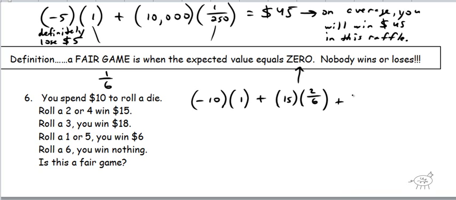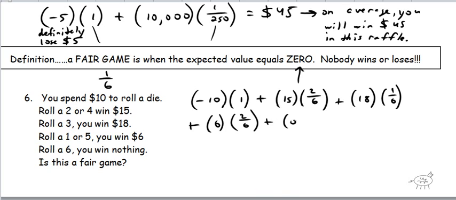And I win $18 if I roll a 3, which is 1/6. And I win $6 if I roll a 1 or 5, and so that's 2 out of 6. And if I roll a 6, I get nothing. So I can put that down there. I win nothing, and that's 1/6.